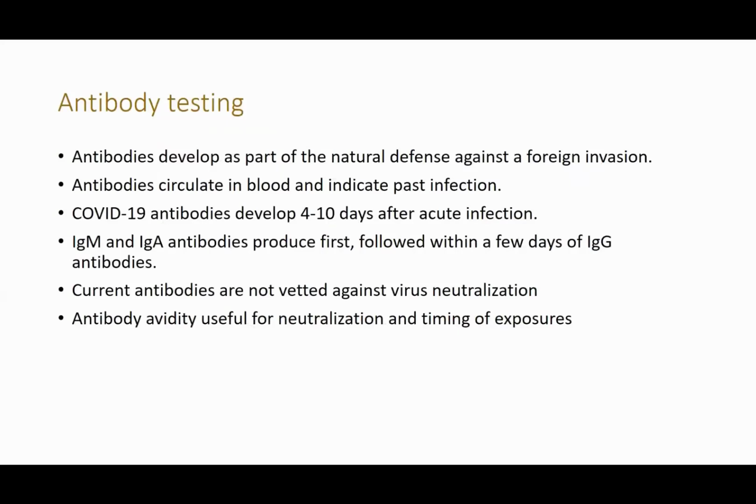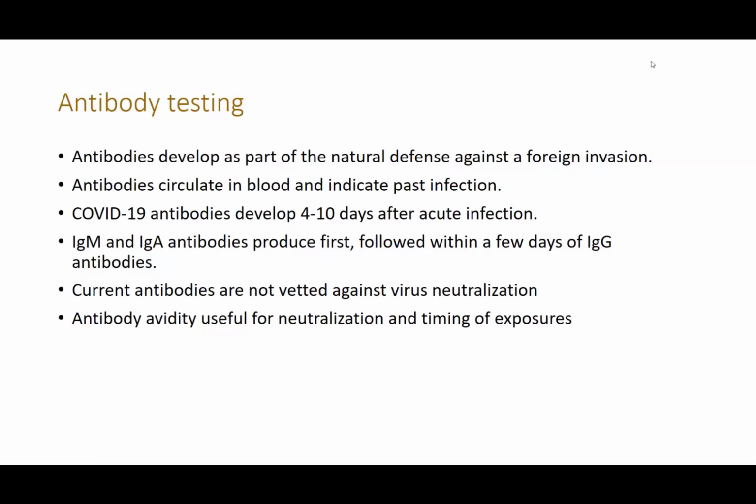Antibodies are part of the defense mechanism against foreign invasions such as viruses. In terms of COVID, they develop somewhere between 4 to 10 days after an acute infection. IgM and IgA antibodies are produced first, followed within a few days by the IgG antibodies.